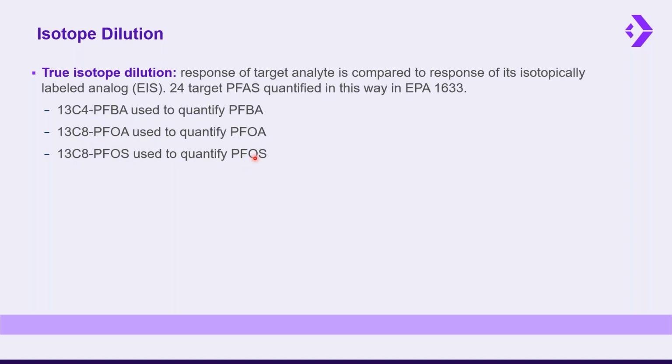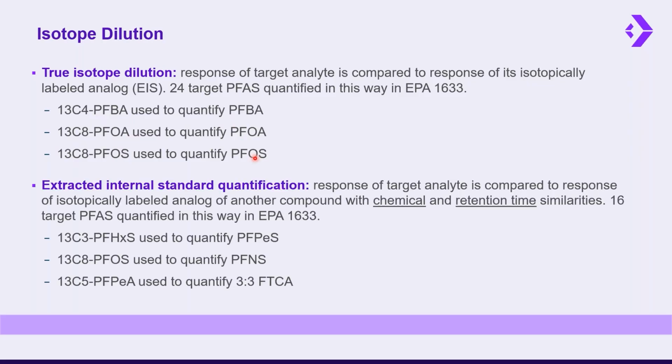And there are 24 PFAS in EPA method 1633 that are quantified by true isotope dilution, meaning that these 24 PFAS compounds have their own specific carbon-labeled isotope. The remaining 16 PFAS in EPA method 1633 are quantified using extracted internal standards, which means that these remaining 16 PFAS do not have their own specific carbon-labeled isotope.